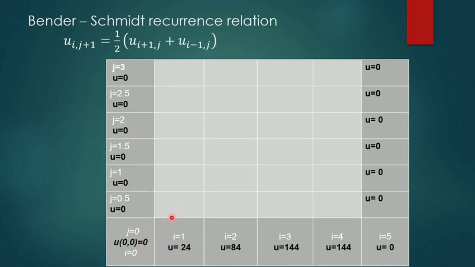So first, from here you start, you are going to find the value of u at j equal to 0.5. You need not write the formula here, but you see that this value of u is obtained from these two values.